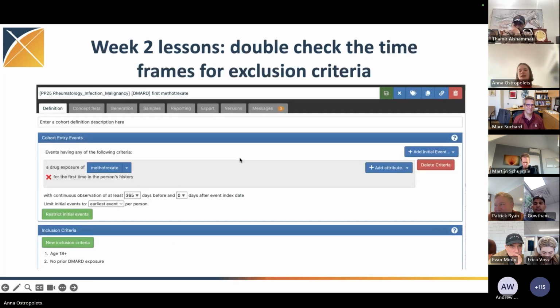Now, the second lesson is not about the concept sets, but about your inclusion criteria and the timeframes. What you're looking at here is a cohort that looks for patients who start on methotrexate for the first time in patient history. So they're really looking for the incident users of methotrexate.